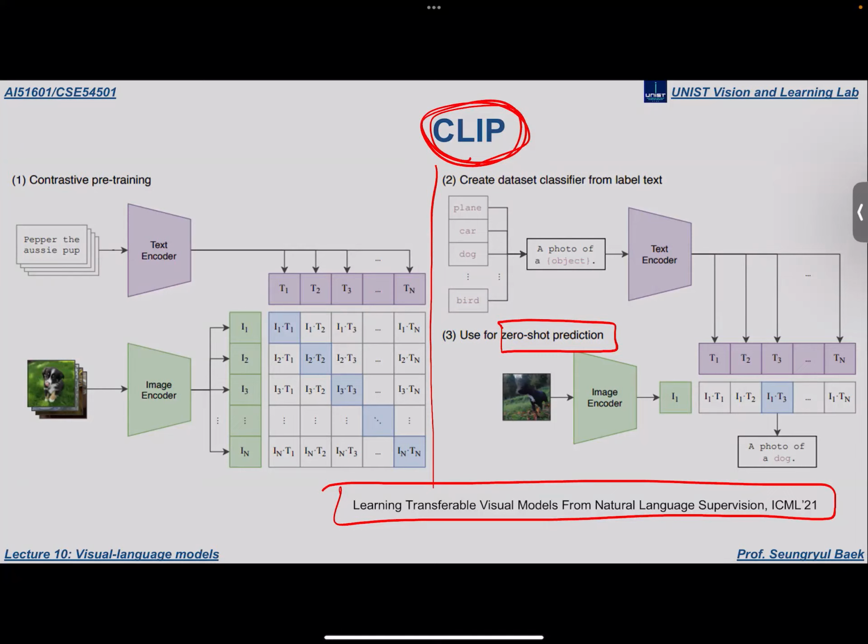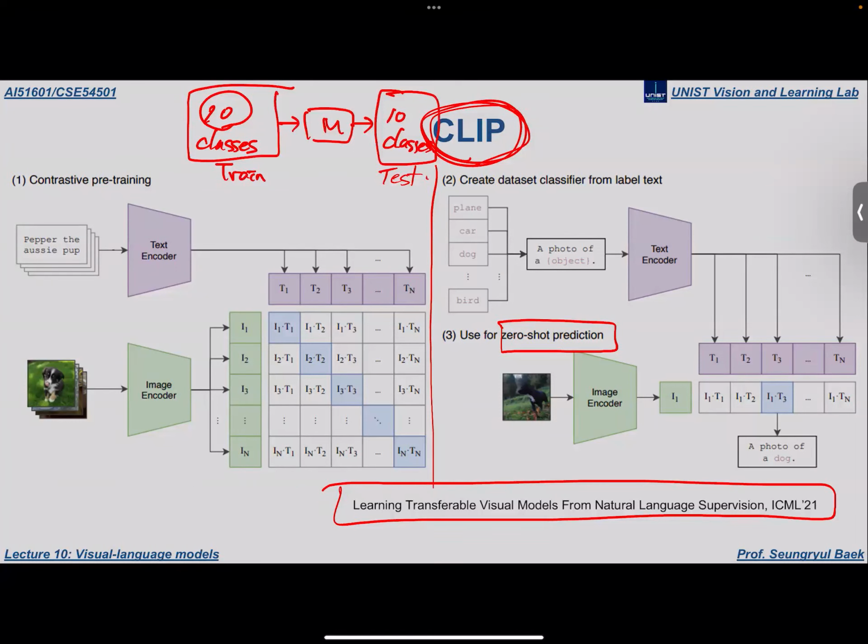So in the original image classification application, we have to, for example, train the model using 10 classes, okay? If we train our model using 10 classes, then our model can predict only those 10 classes, okay? This is the normal image classification task, okay? This is the test. But the thing that CLIP can achieve is that the model can test on some new classes without any training, okay?